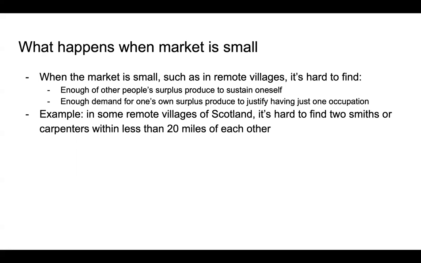And another thing is, as I explained before, there's not enough demand for your own surplus produce to justify having just one occupation. So that's why it's only when the market is big that you can have very detailed subdivision of labor.